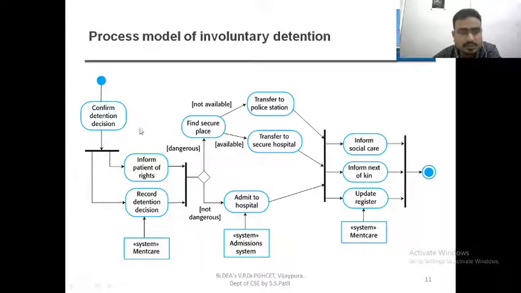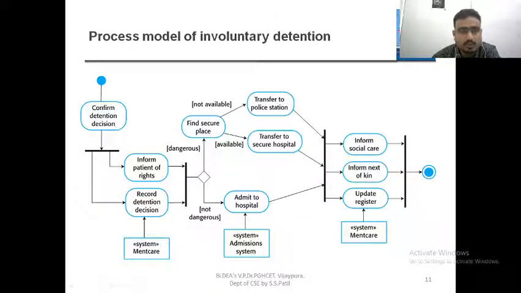First you have to check whether the system is available for giving treatment to mentally unstable people. So first we go for the system, that is our regular care. In that we first confirm the detention decision.